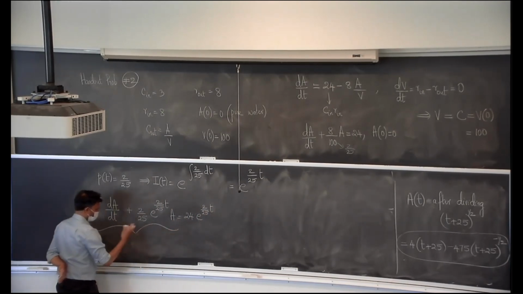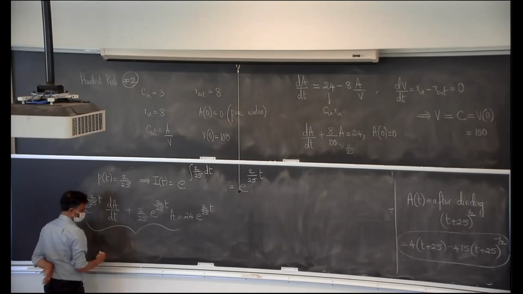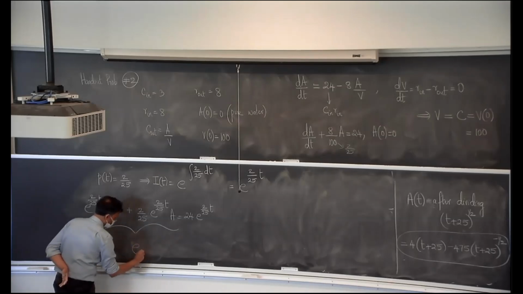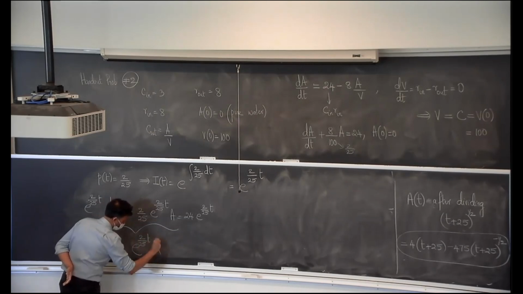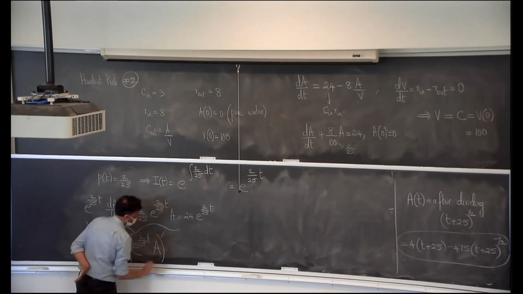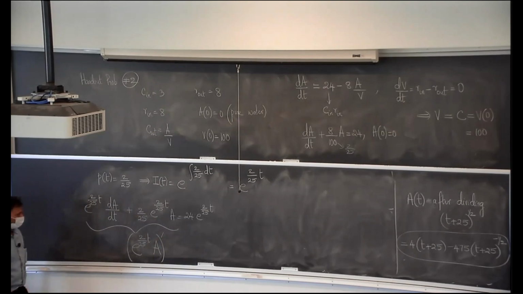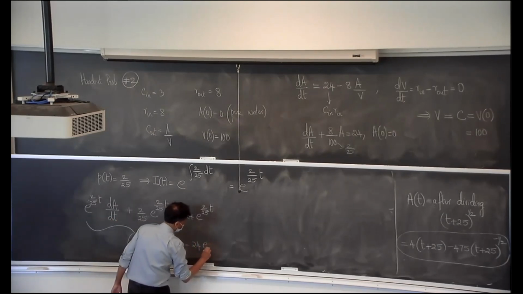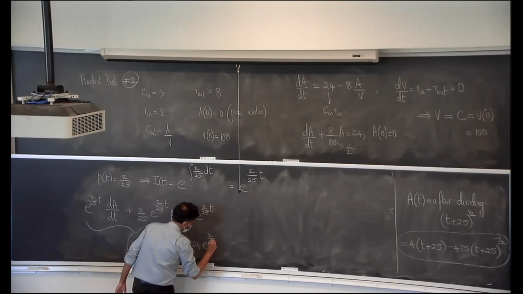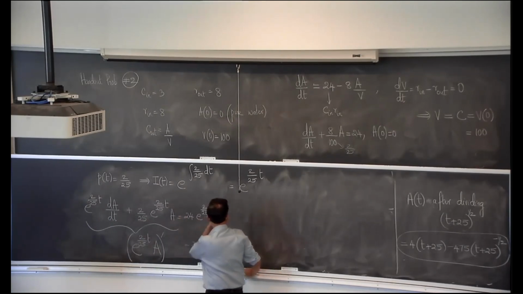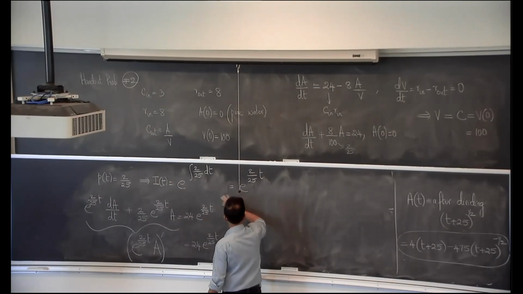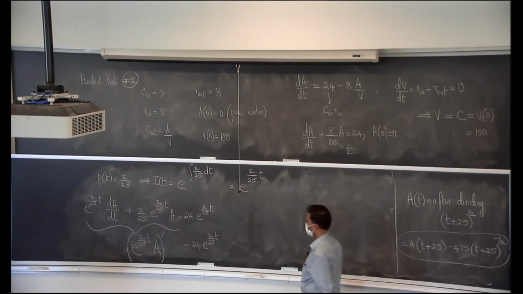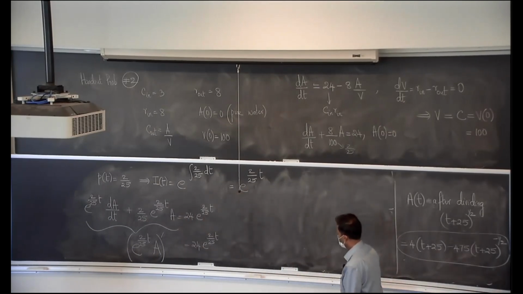So I think this has now become a habit. Let's take the two terms and put them into one derivative: the integrating factor times the variable, prime. All right, now we are good to go.